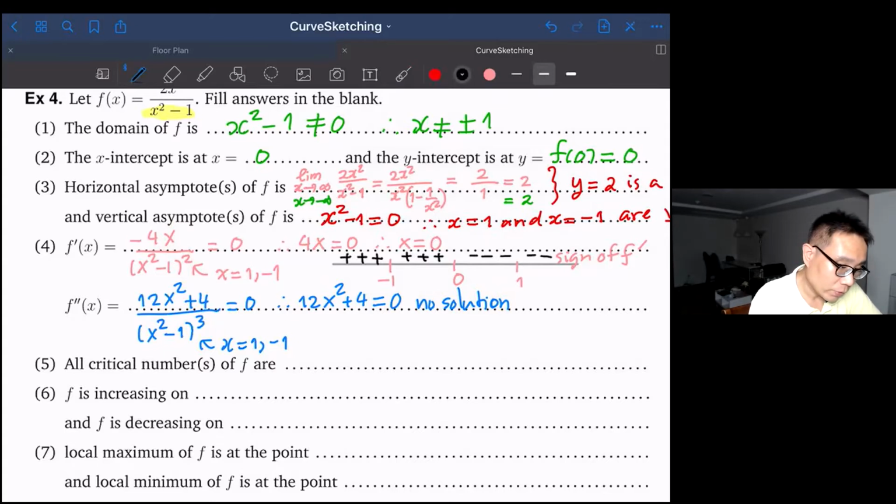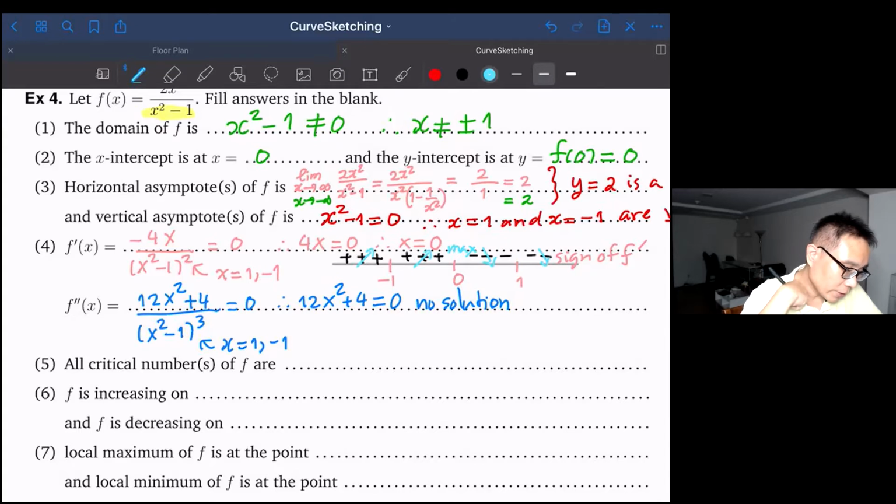So in this case, you have increasing, increasing, decreasing, and decreasing. So you're gonna get a maximum at 0. So let's conclude everything.